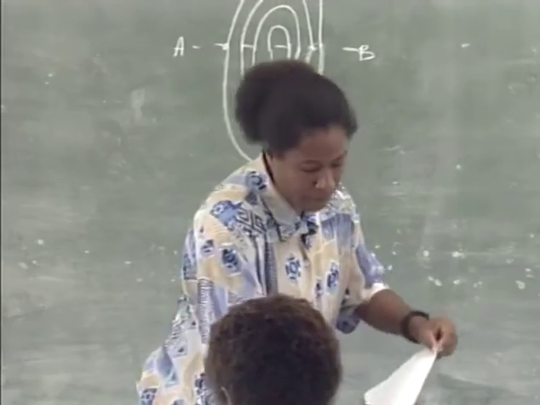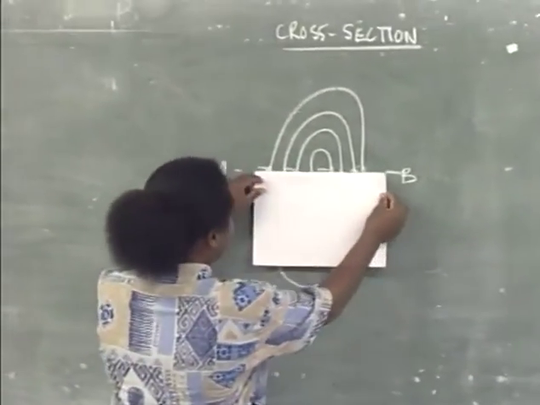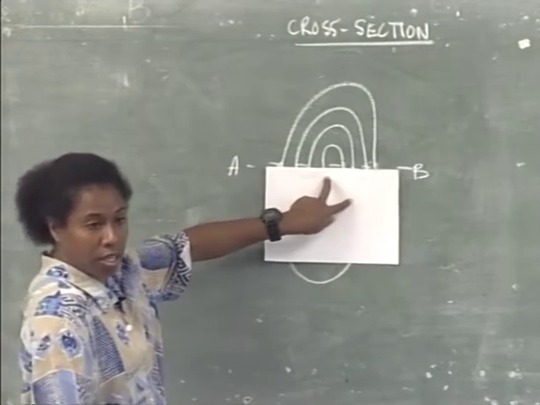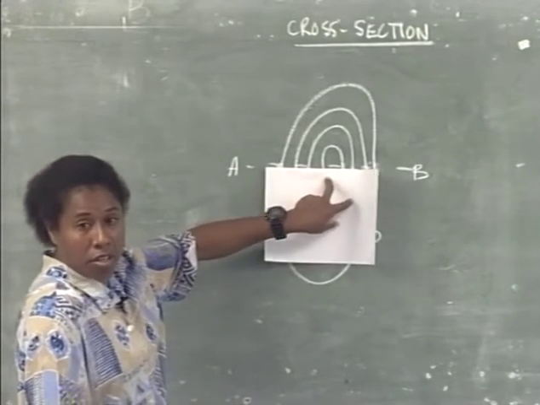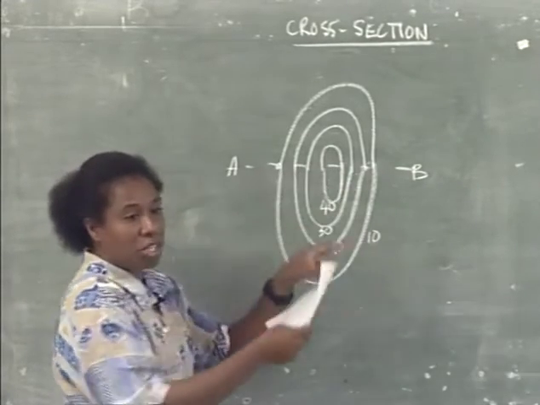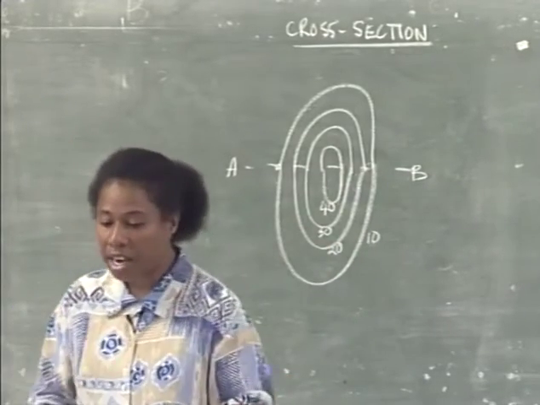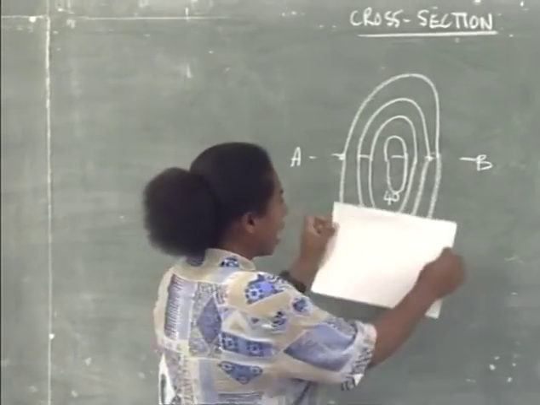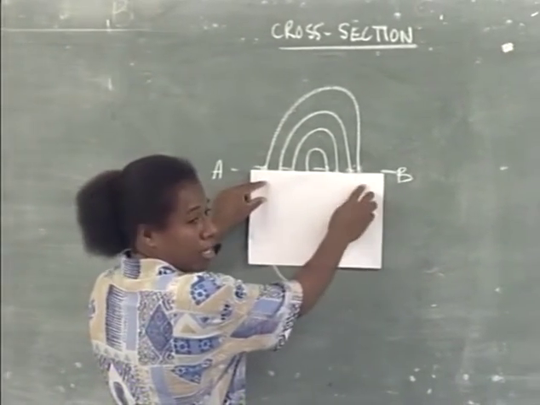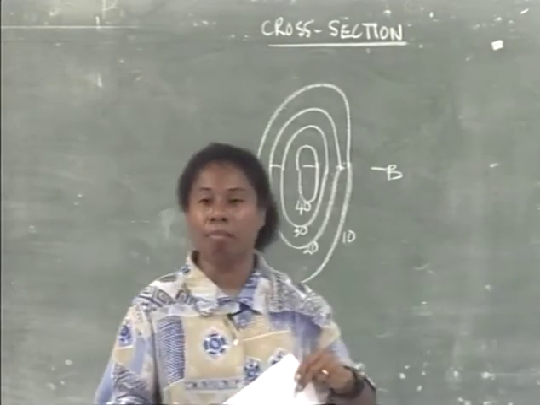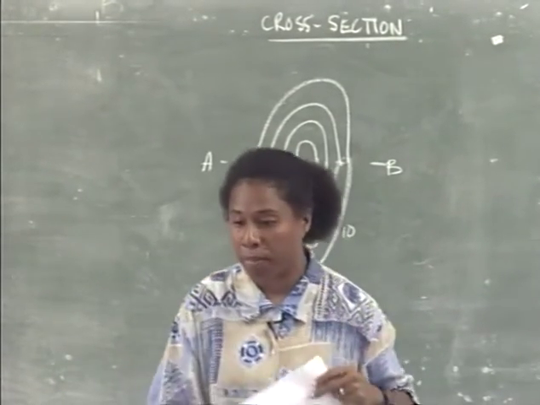So your piece of paper, you place it along the line AB. Once you've placed that piece of paper along the line AB, I'd like you to mark the point A, where the A comes exactly on that piece of paper, and also mark the point B on your piece of paper.